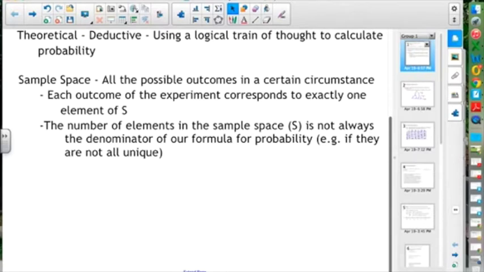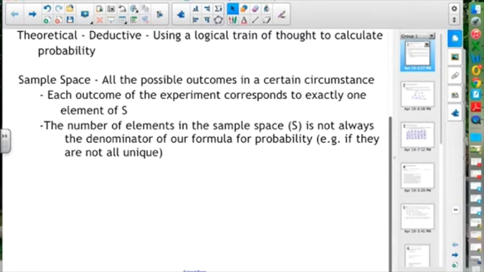Each outcome of the experiment corresponds to exactly one element of the sample space. Okay, so you can't have more things in your sample space than you have possible outcomes. However, the number of elements in the sample space is not always the denominator of our formula for probability.